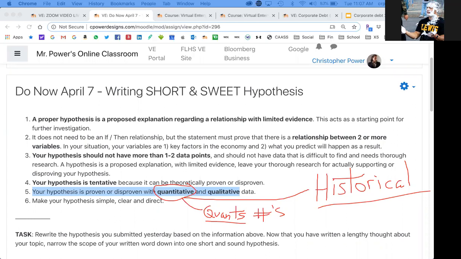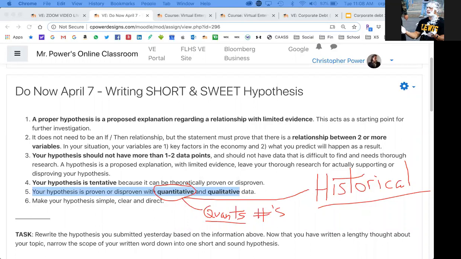So you're observing what's happening. It's not necessarily quantitative, but you can make an educated guess based on what you observe. There's no statistics, so it's not a number.